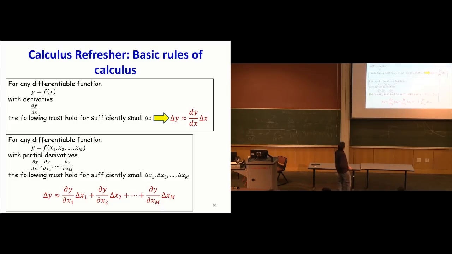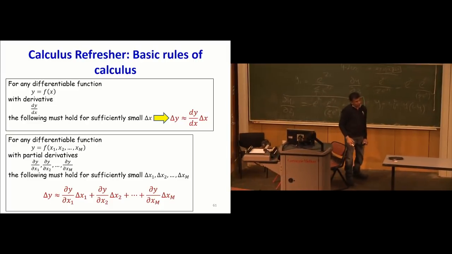So for example, if I have a differentiable function of many inputs, once again, we saw that here the output is a scalar, the input is a vector. Then I can use the same equation, except this term is now going to be a vector, which means this term is also a vector.